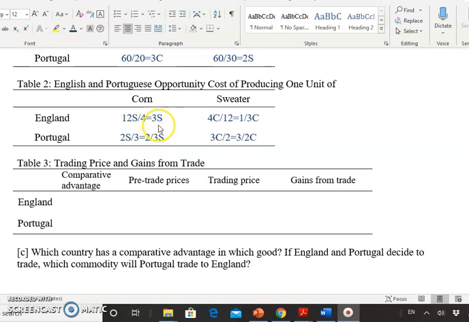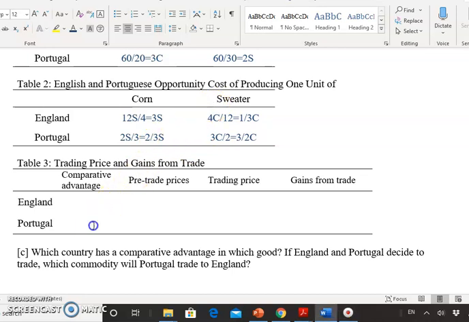In England, to produce 1 corn, it has to give up 3 sweaters. But in Portugal, they only need to give up 2/3 sweaters. Because this is smaller than 3 sweaters, Portugal has a lower opportunity cost of producing corn, because it potentially loses fewer units of sweaters.